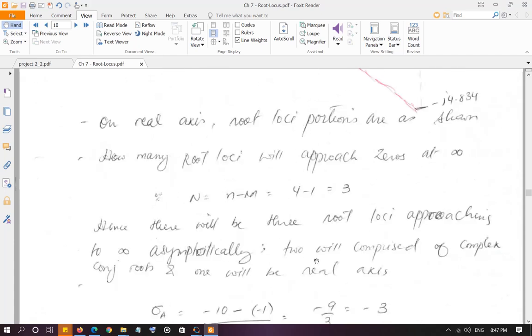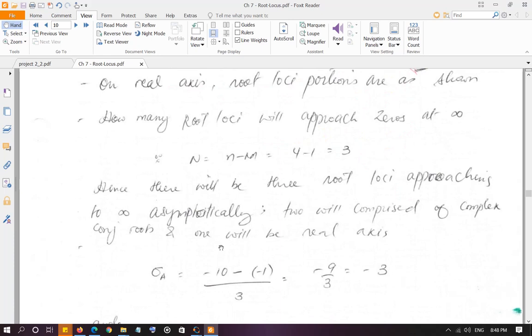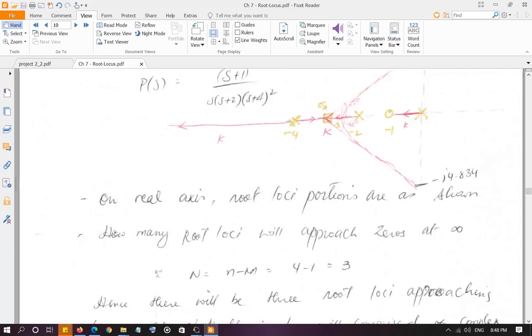Sum of all the poles, that is 2 times -4, plus -1 plus -2, which is -10, minus the sum of all the zeros, there's only 1 zero at -1, so -1, over 3, that is -9 over 3, which is -3. That means our centroid is located at -3, and this is the box which shows the centroid.